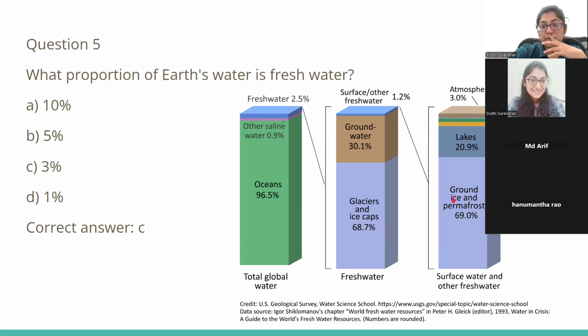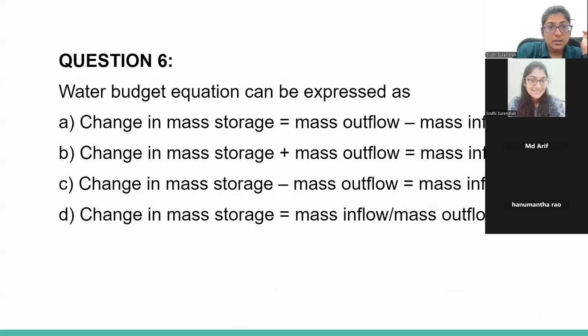Even in 1.2 percentage, ground ice and permafrost is occupying the major percentage. Lakes come second, and rivers and all are only forming 0.49 percentage of the fresh water. So this is the major source of water that we have. It is very important that this is the only amount of water that is available, but is maximum utilized, indicating the importance of preserving these water sources.